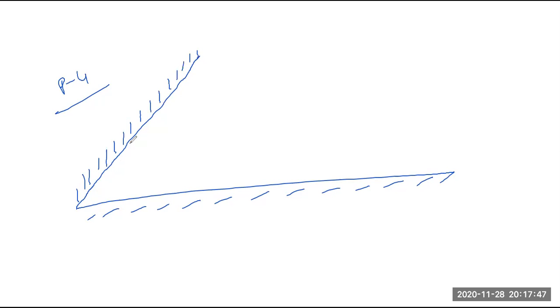The angle between them is given in the problem as 60 degrees. A ray of light is incident here at an angle of 50 degrees. Then there is a reflected light.